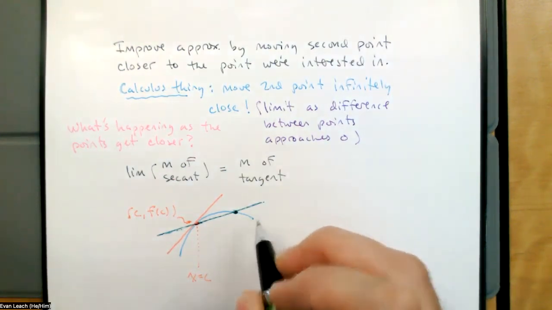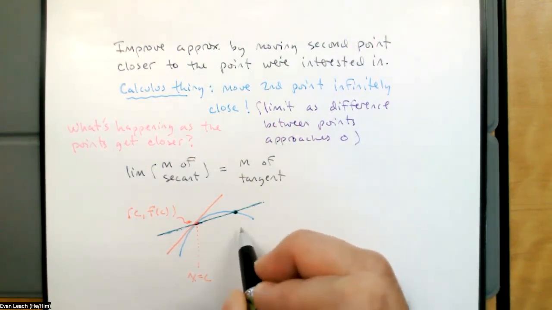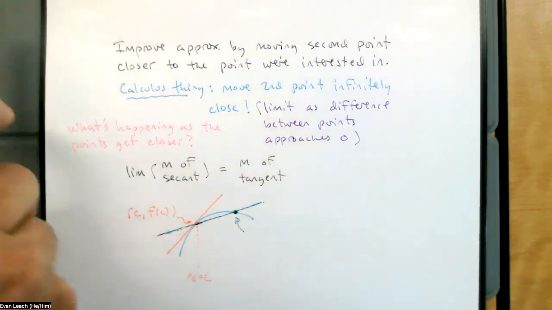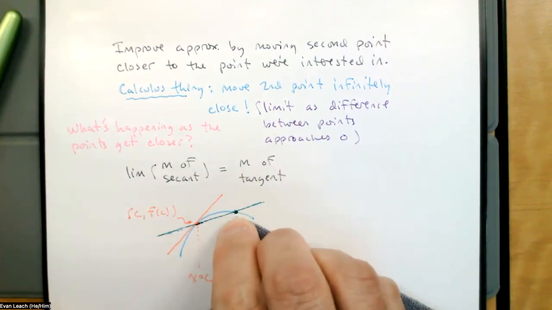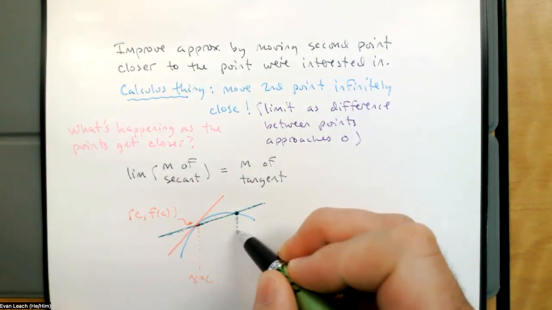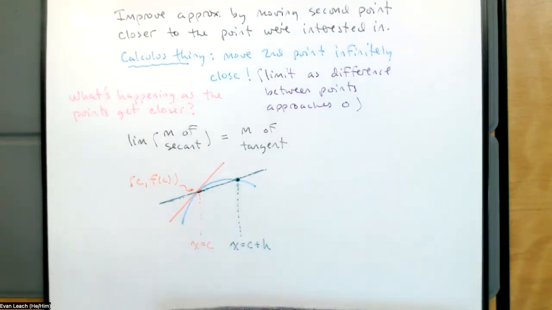So the coordinates here are going to be, I'm going to pick some x coordinate that is close to c. I'm going to say this is where x is equal to c plus a little bit. h is the traditional difference between these 2 points.